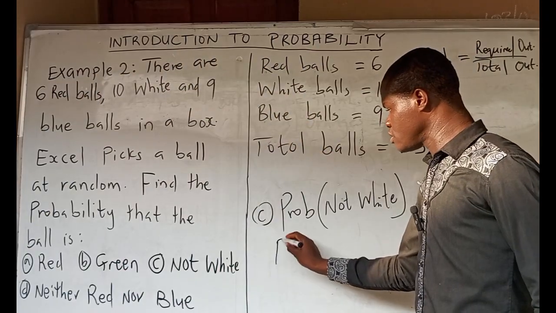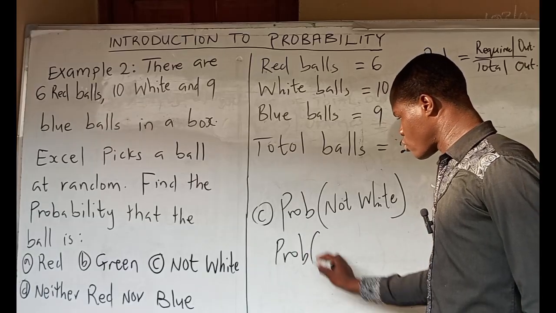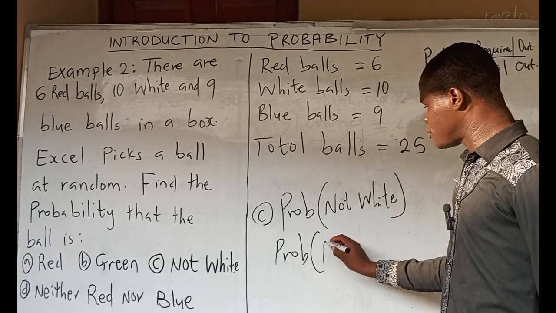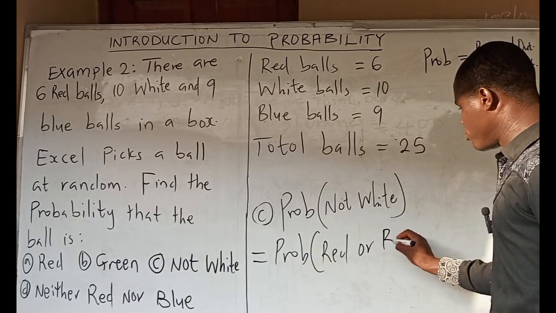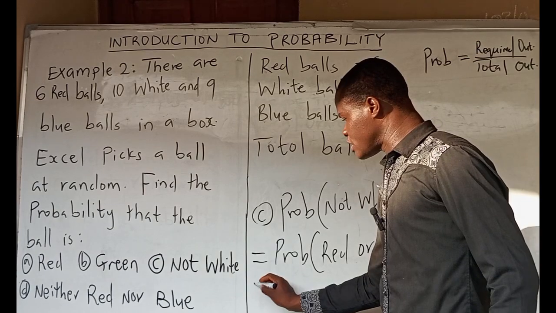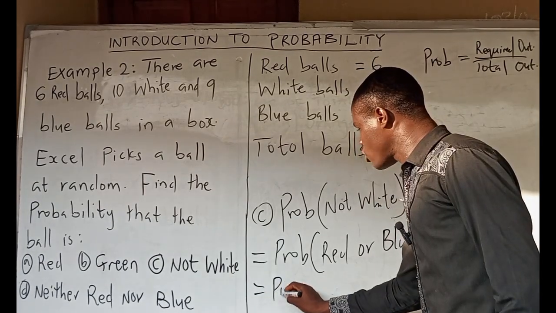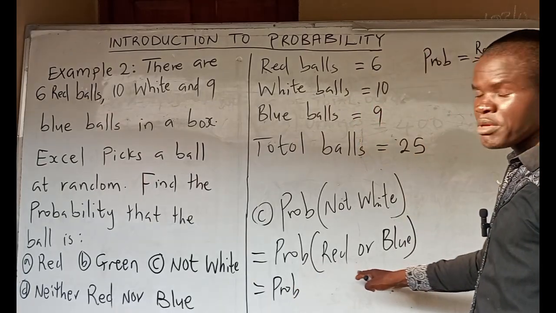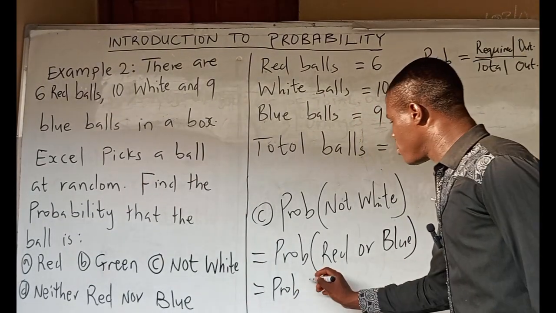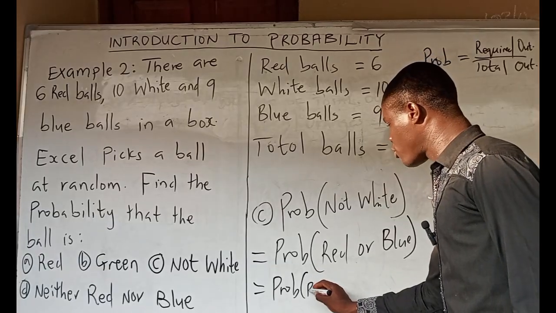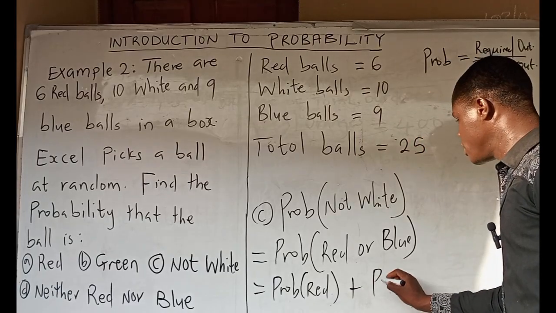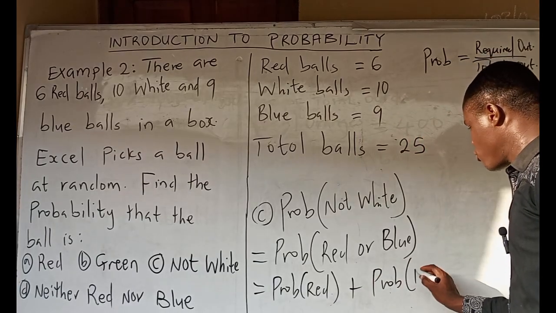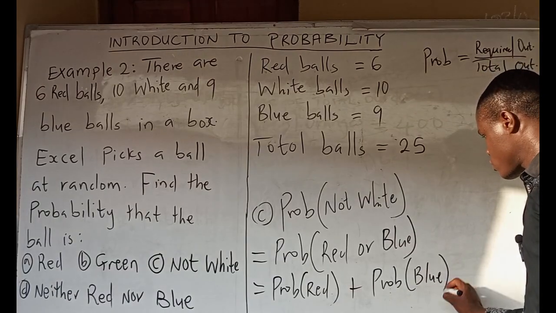The probability of red ball or blue balls is equal to the probability of red ball plus the probability of blue balls.